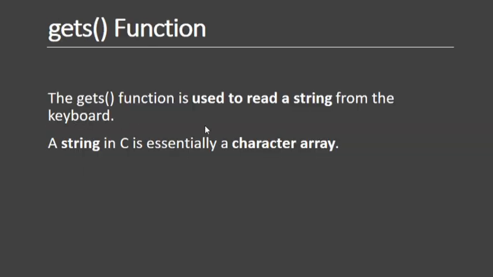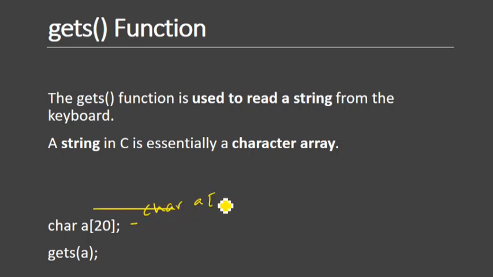The gets function is used to read a string from the keyboard. Generally, a string in C is essentially a character array. For example, I am writing char A[20] equal to, and here I can write my name. Here, A is an array which can hold up to 20 characters inside it.